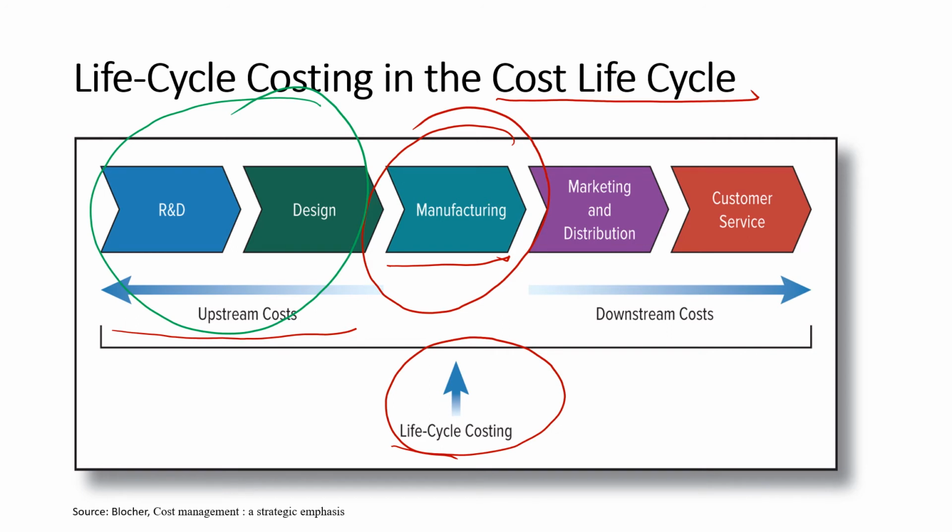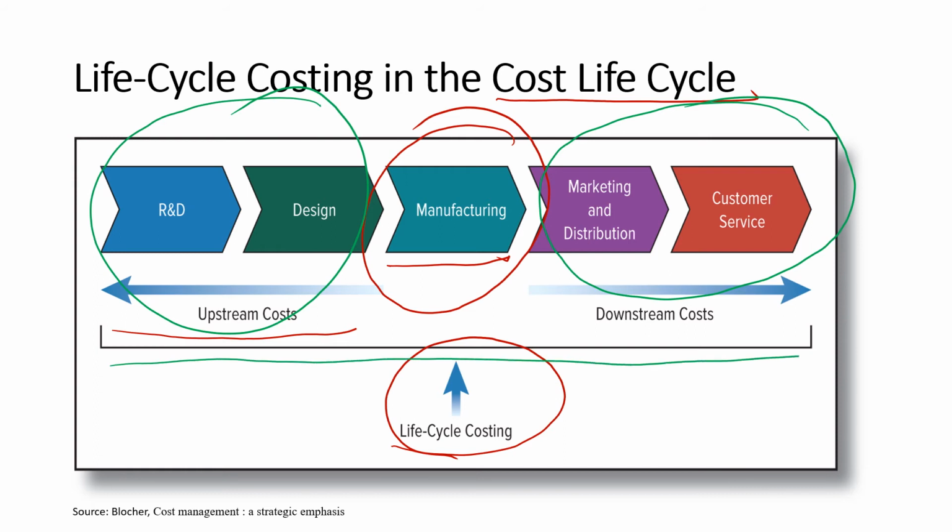And also the cost which you are incurring in marketing and distribution, customer service, or any other end of life cost. So all the cost which has to be incurred right from the inception to the end of the life of the product are all included in life cycle costing.